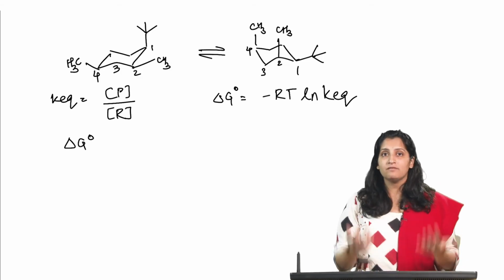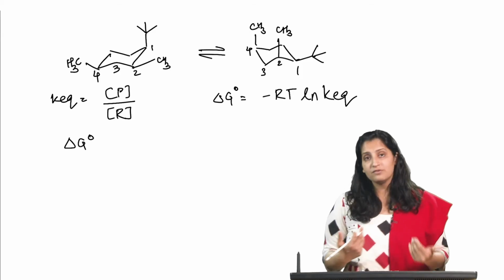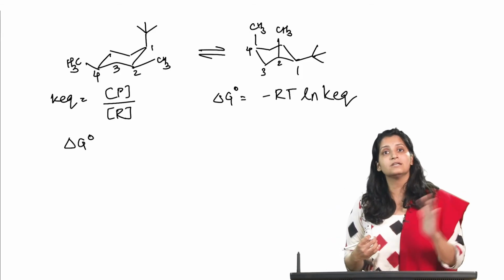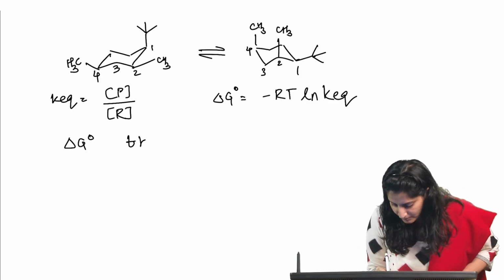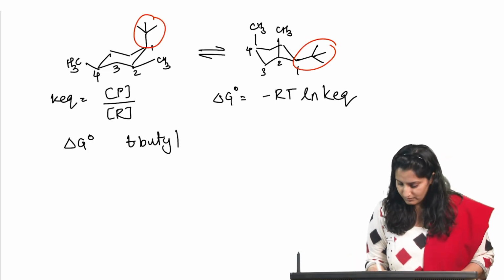How do we go about it when we have multiple substituents on the cyclohexane? First, we start looking at which group is going from axial to equatorial. So, in this case I have a tertiary butyl group, right, going from axial to equatorial.